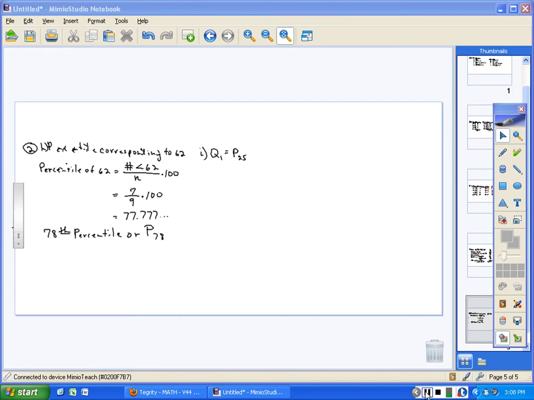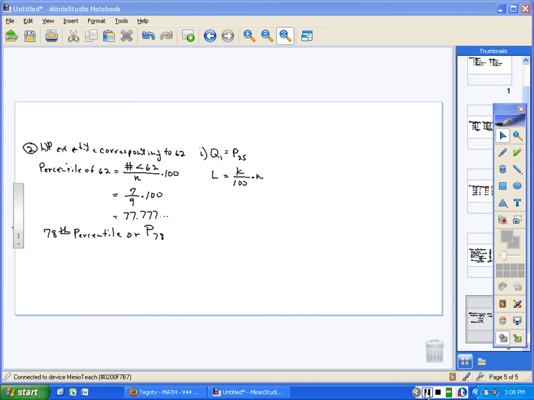Okay, in order to do this one, we're going to have to calculate the locator L. And the formula for the locator L is K over 100 times N. And that one also has to be memorized because it's not on the formula card. It's similar to the other formula. They both have 100 and an N in them, but the 100 and N are switched.